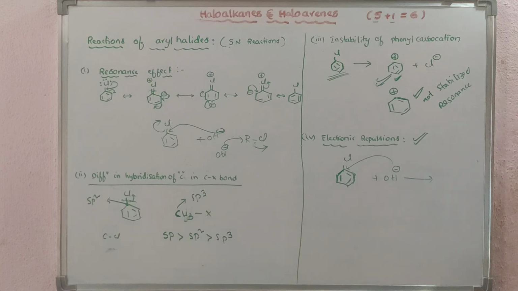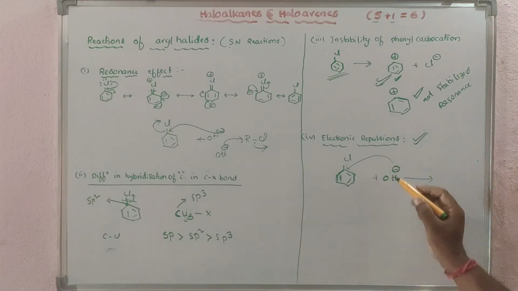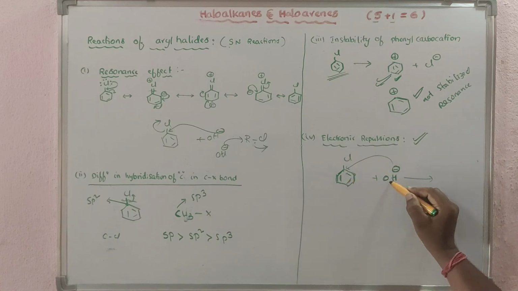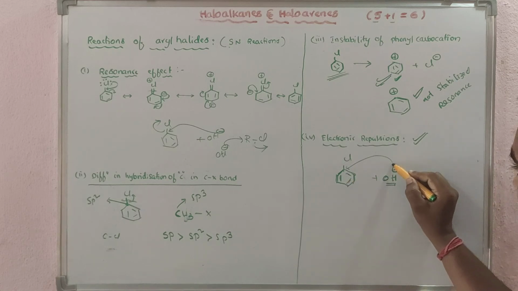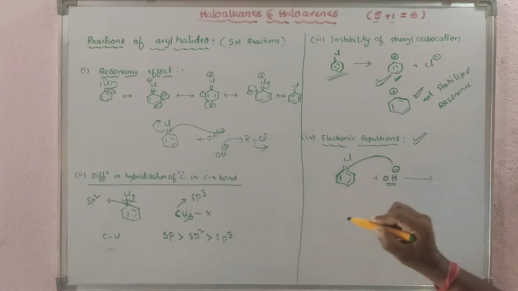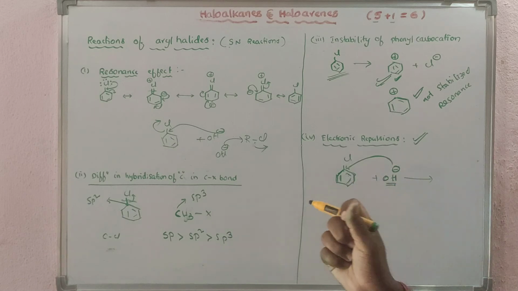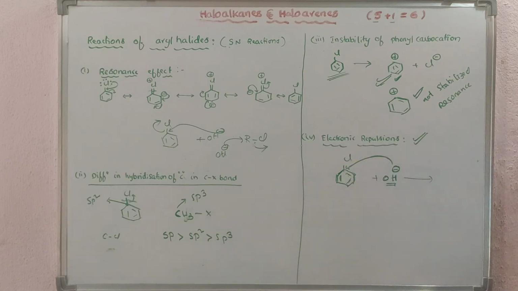And the OH minus ion is also electron rich. So here it is electron rich and here also electron rich. When the nucleophile comes to attack the benzene ring, there will be repulsion between the electrons. So nucleophilic substitution reactions will not take place very easily.